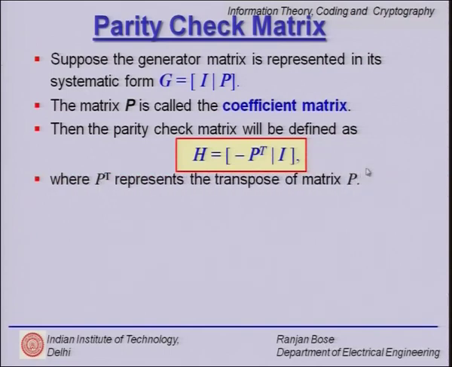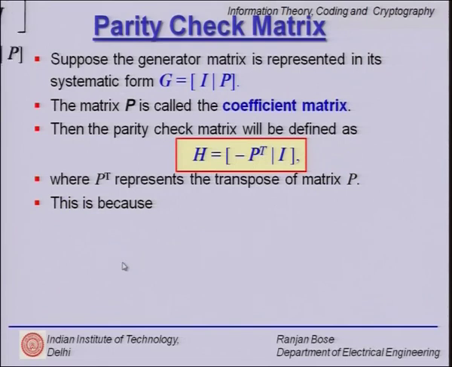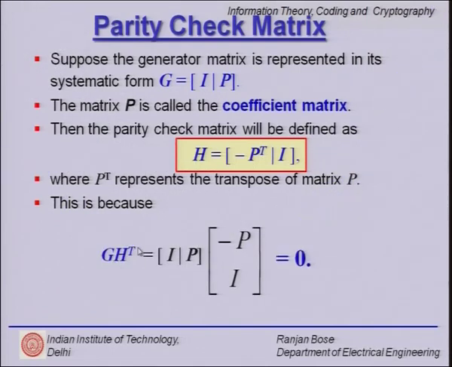So P^T represents the transpose of the matrix P, and this is easy to verify. If you have your G H transpose and G is in the systematic form, I partition P, and you have this minus P transpose, here there is an I, and if you multiply it out you will end up getting a 0 matrix.